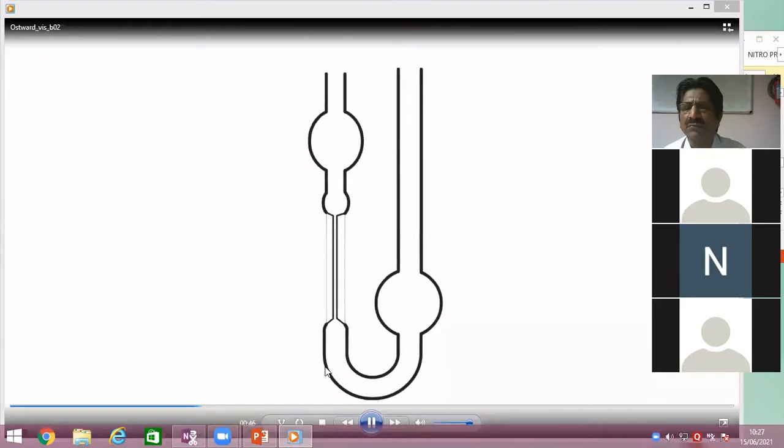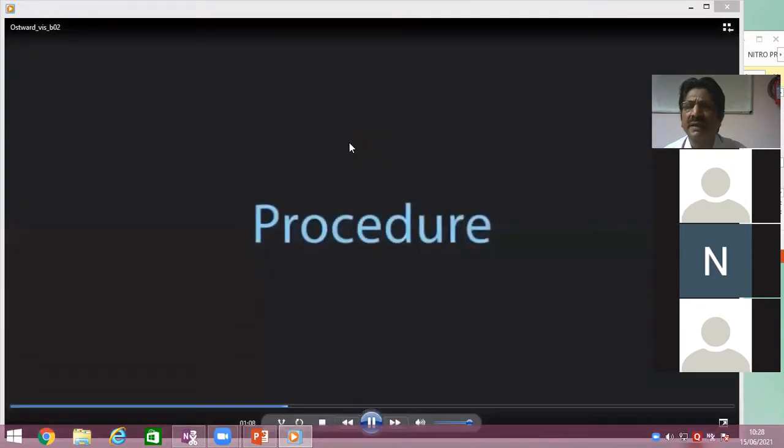This is the Ostwald viscometer, with bulb A and bulb B. We have to add the liquid depending on the capacity of bulb A. The quantity of liquid we add in the bigger bulb A is fixed. It is either 10 ml or 15 ml.